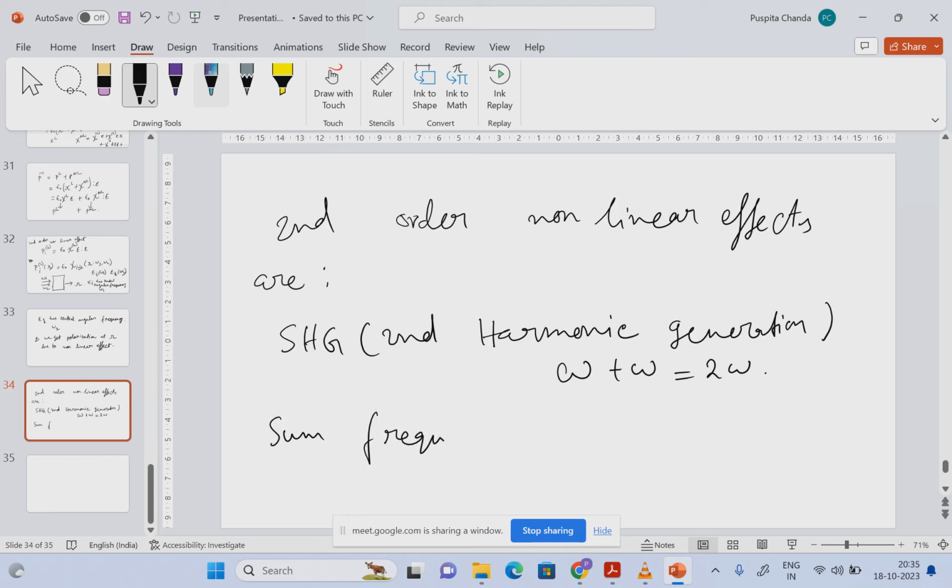Sum frequency generation, which is omega 1 plus omega 2, we get omega 3.